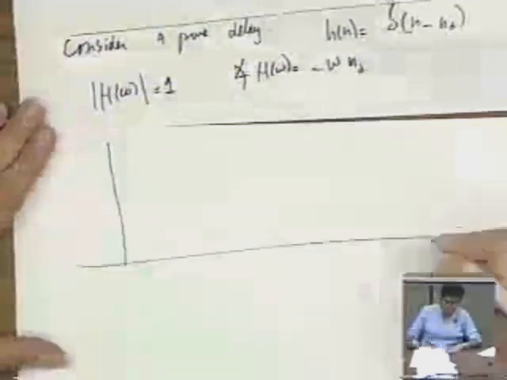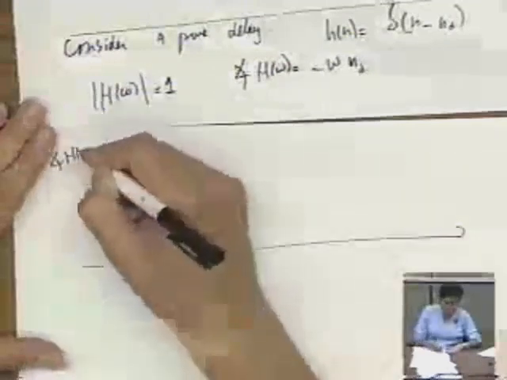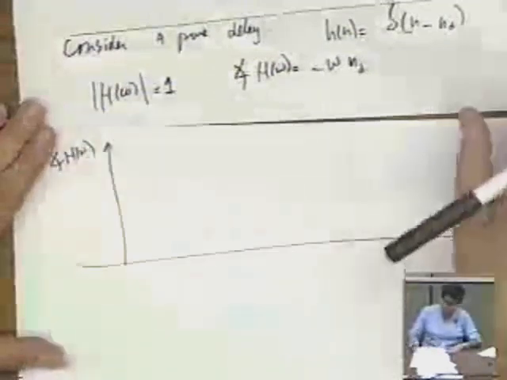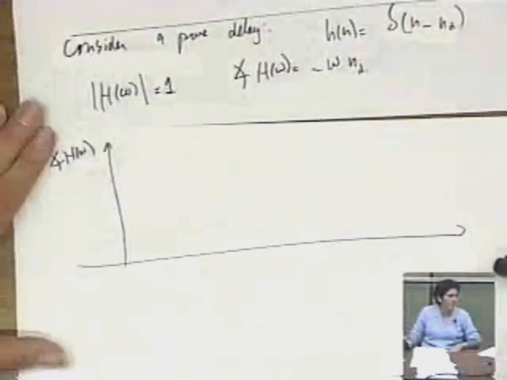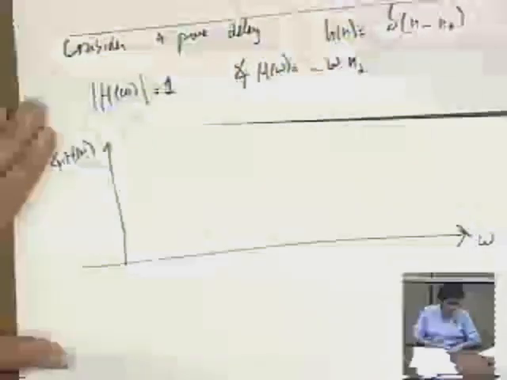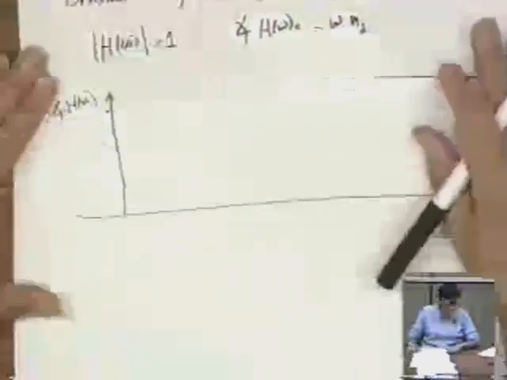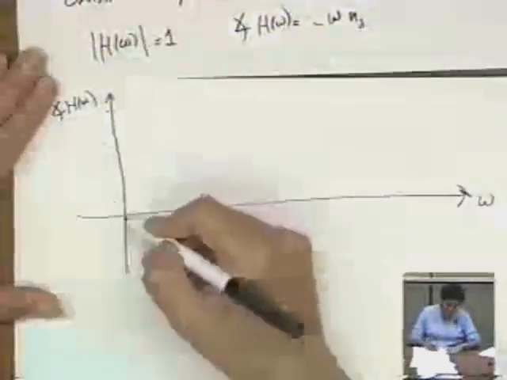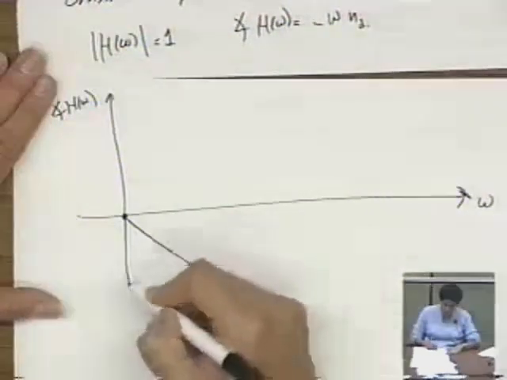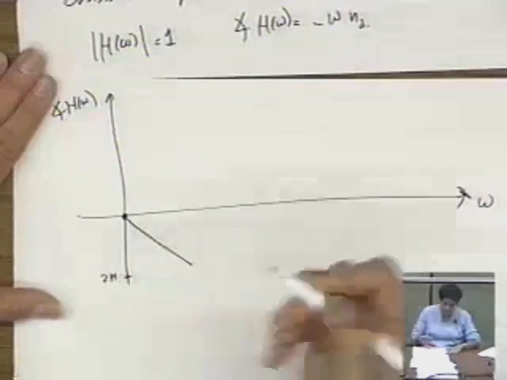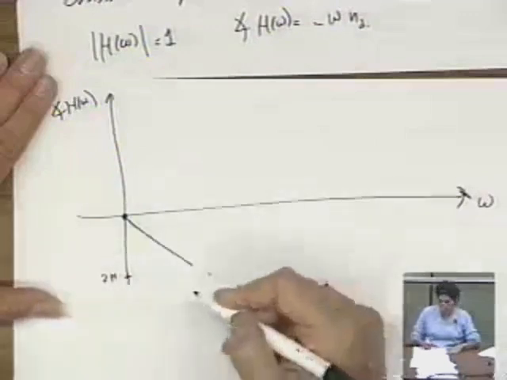If I were to plot the angle of H of omega as a function of omega, is the definition of phase clear to everyone? Okay. So what do I get? It's minus n sub d. At omega equals 0, I get 0, and then it goes down.